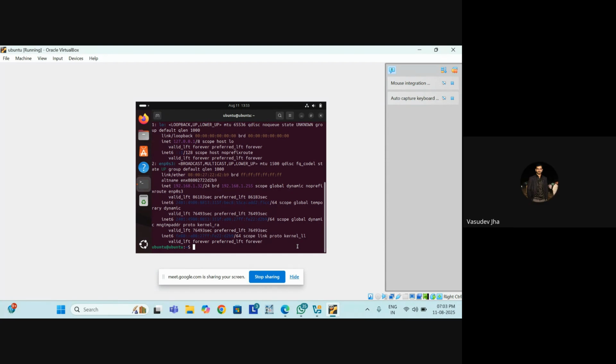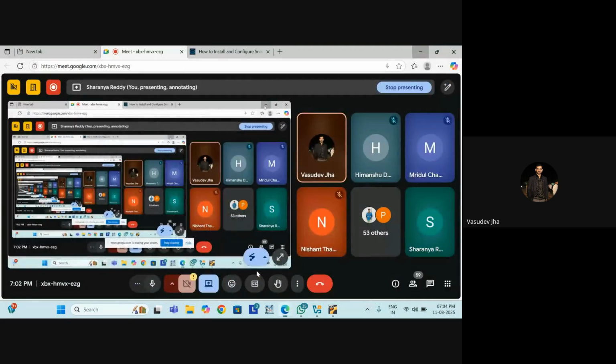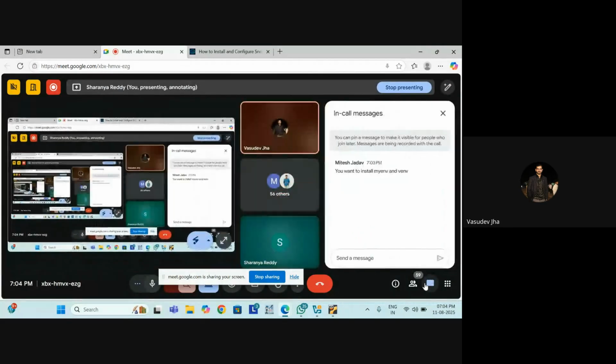Yeah, we got an answer from someone. Check the chat box to see what he is saying. You want to install my environment and V environment. Nitish Jadhav, can you explain what you are saying?